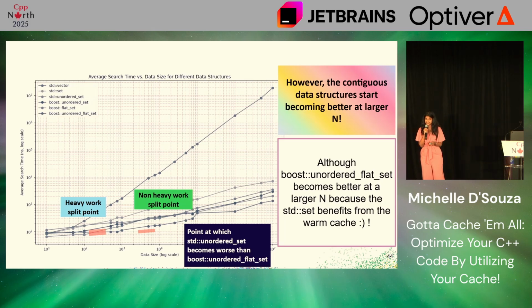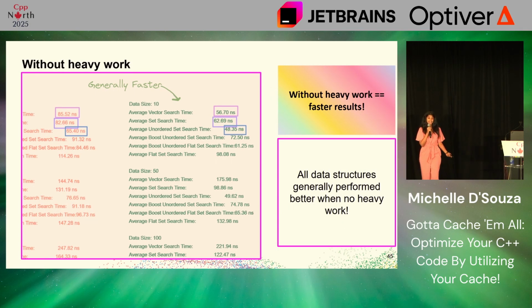And the reason for this is because std set is actually making use of the cache when it is warm and not cleared by heavy work. So it's actually benefiting for more data sizes than it did before. And without heavy work, just the general times it took to search through things was faster.